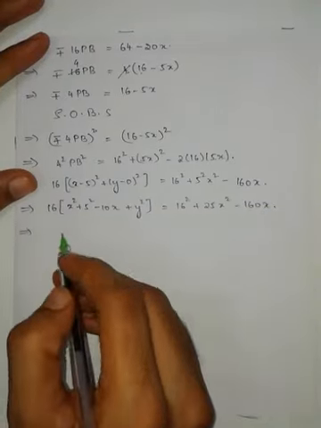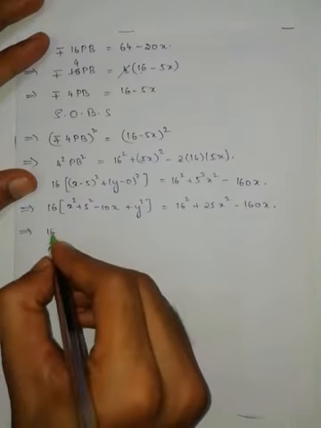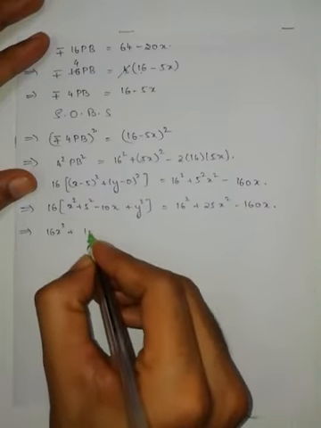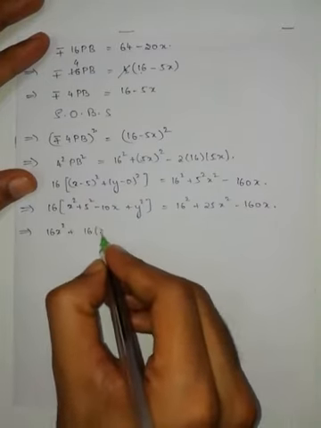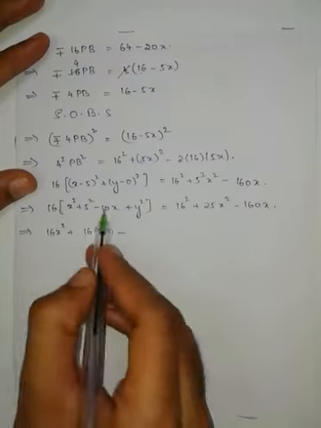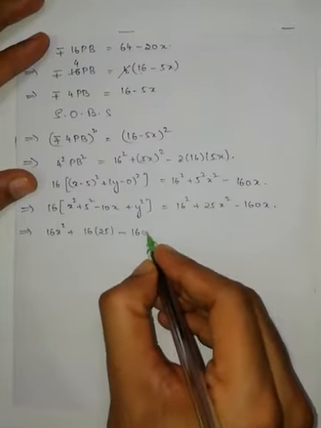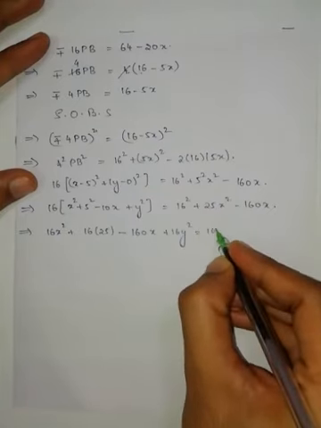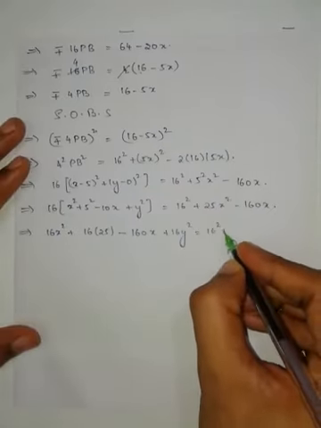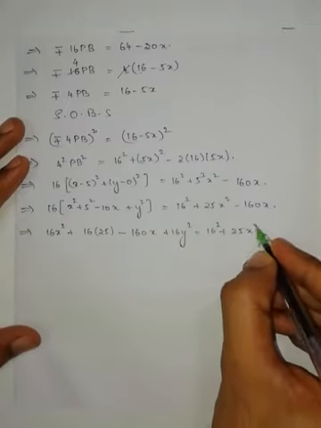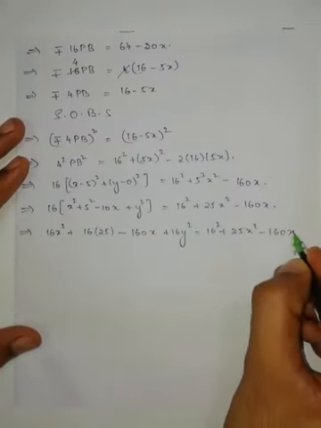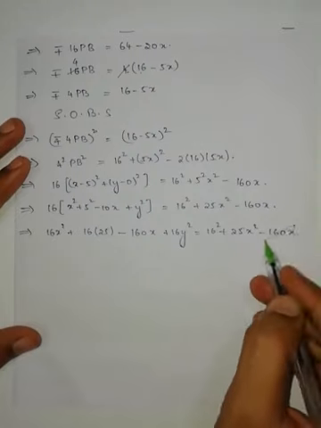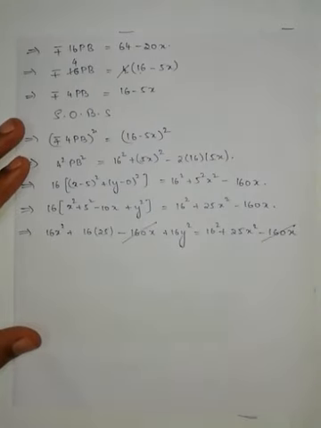This implies 16x square plus 16 into 5 square, that is 25, minus 16 into 10, 160x, plus 16y square is equal to 16 square plus 25x square minus 160x. The minus 160x on both sides cancel.